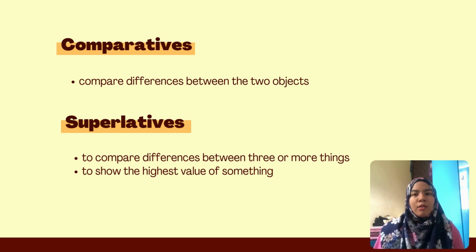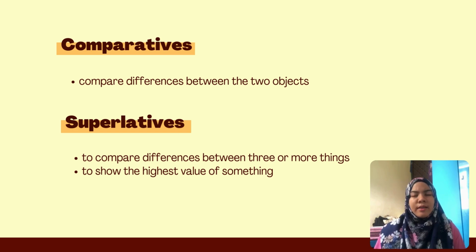However, if we are going to compare between two animals, let's say cat and cow, then we are going to say that the cow is bigger than the cat, because we are comparing the size of the animals.